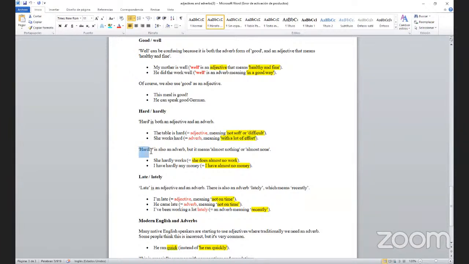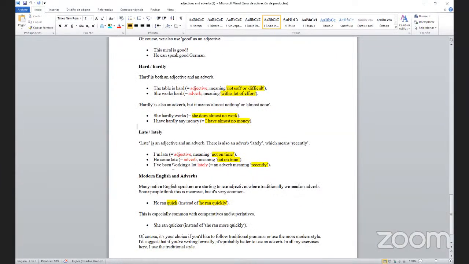But if I use hardly, she hardly works, it means that she does almost no work. Ella casi no trabaja. If we use hardly, I have hardly any money. It means that I have almost no money. Casi no tengo dinero. Okay, something negative with hardly.